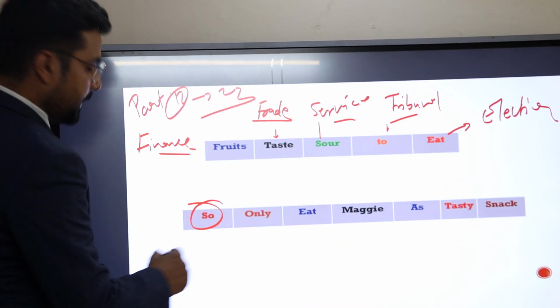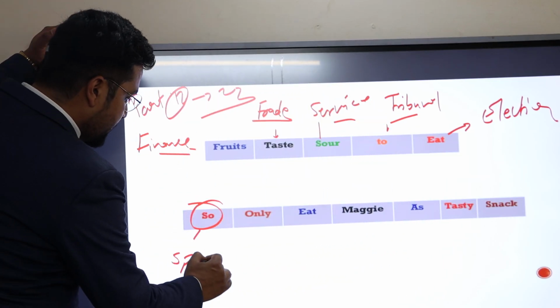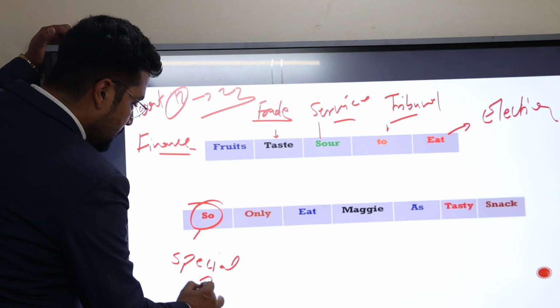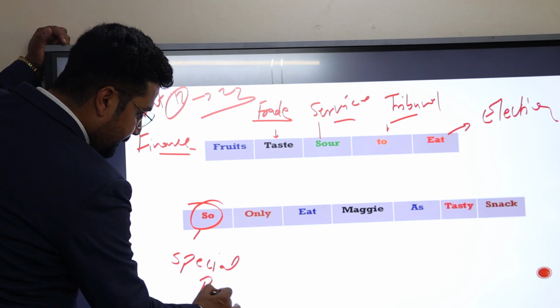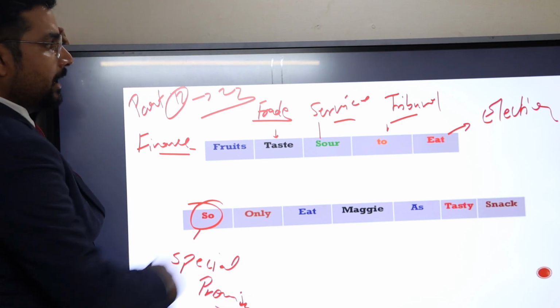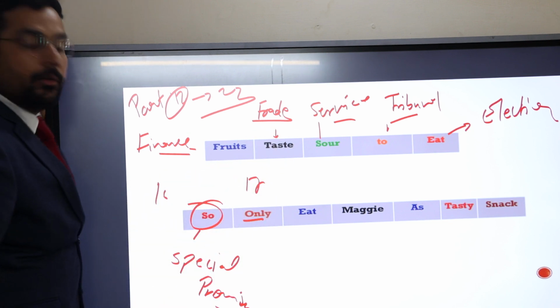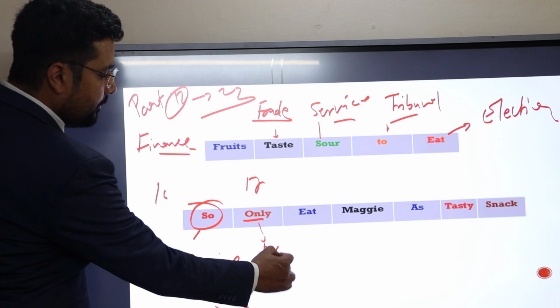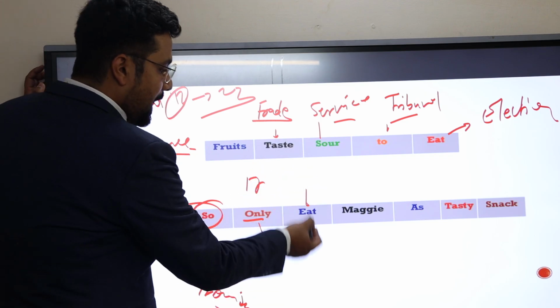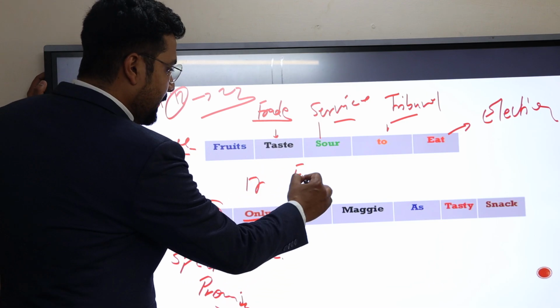So what will So make? Specific and special provision for certain classes. Then this is part 16. Part 17 only means official language. Now here comes emergency, 18.